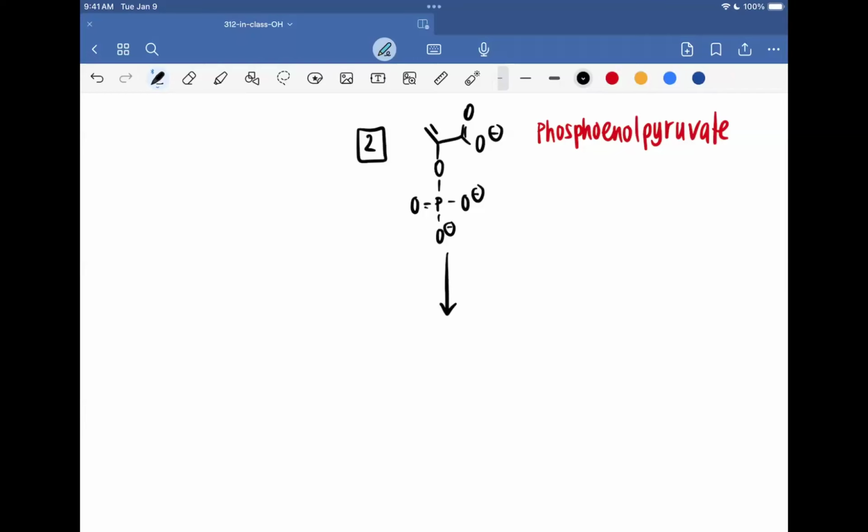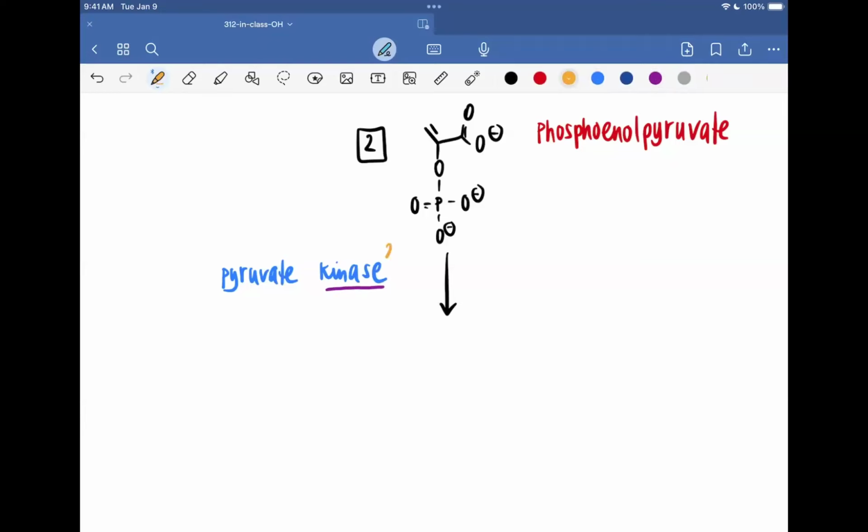And our last step is one that is irreversible, that we're going to see catalyzed by the enzyme pyruvate kinase. And kinase means we got phosphate moving around.